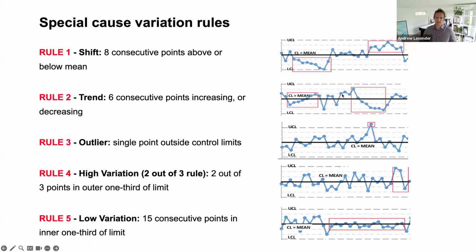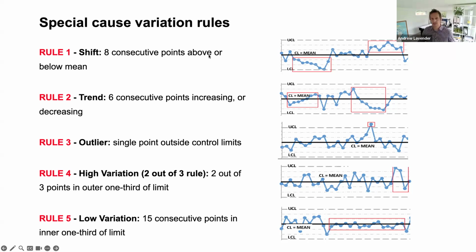All of these, obviously, you're probably not going to remember in detail today, but as you'll see when we go into Life QI in a minute, identifying these is really easy. The system will do a lot of that for you. So it's really just having an understanding of what they are generally. Also, depending on what type of special cause you identify, you might want to do different things.